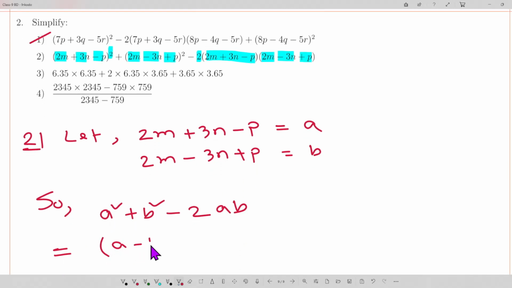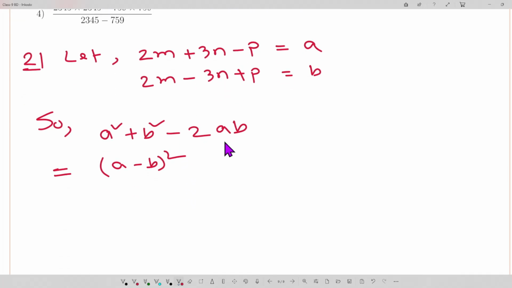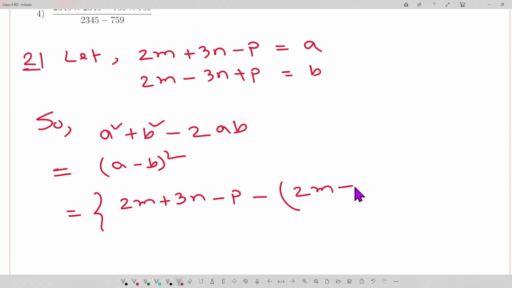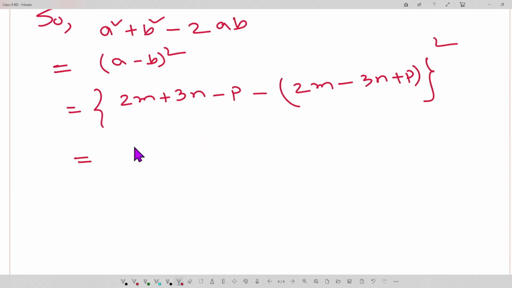So we can write this as (a − b) whole square. Then a means 2m + 3n − p, minus b means 2m − 3n + p, then whole square, (2m + 3n − p) minus (2m, minus and minus plus 3n, plus and minus p) whole square.